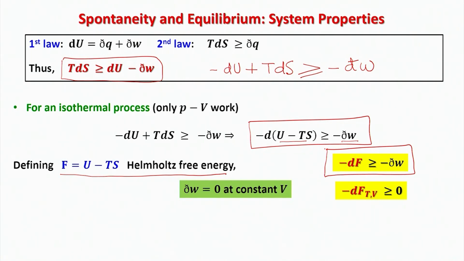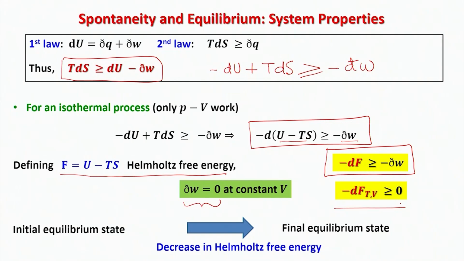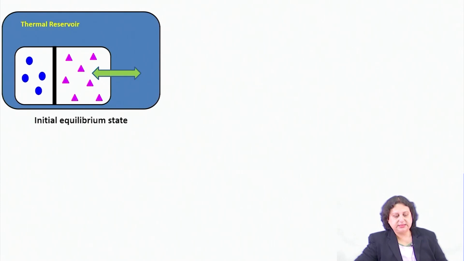In that case, I will have dW equal to 0, and then I can very easily write down that in this process, the Helmholtz free energy will be decreasing, and it will go on decreasing in the direction of spontaneous change. And therefore, this is the first set of conditions for spontaneity and equilibrium that we find for a non-isolated system.